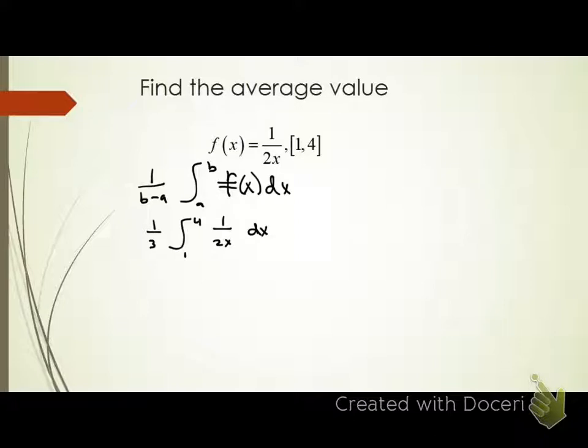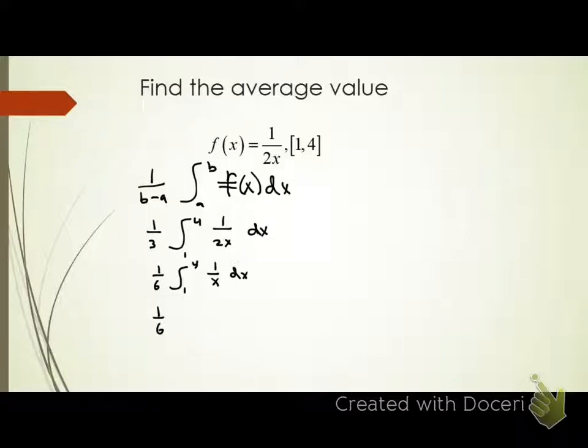Now, you got a couple ways to approach this. You could set u equal to 2x, or you could do what with the 1 with the 2 in the denominator? Just bring it out here. Yeah, so if we brought the 1/2 out, that becomes 1/6 from 1 to 4, 1 over x dx. Guys, what's the antiderivative of 1 over x? The what?